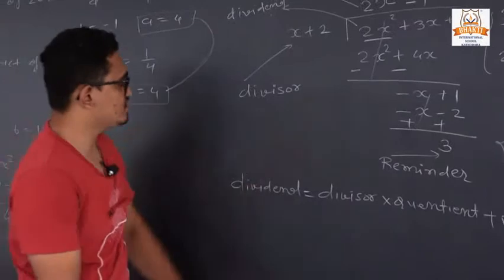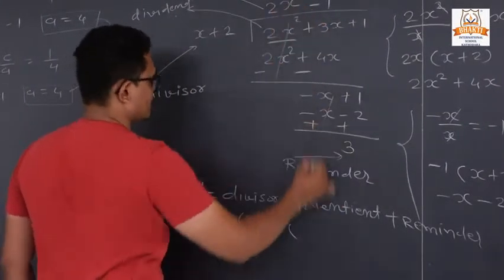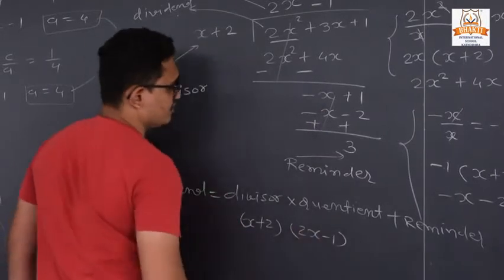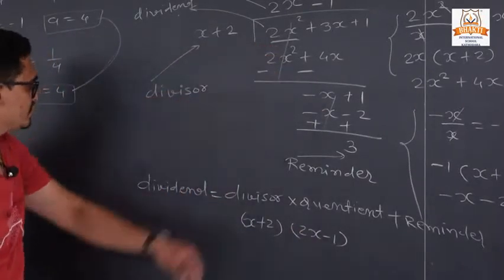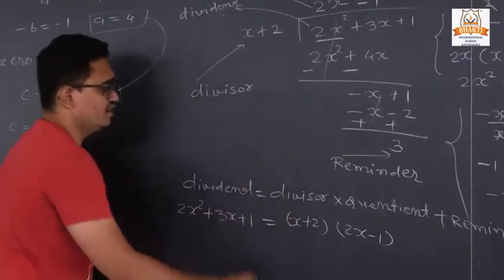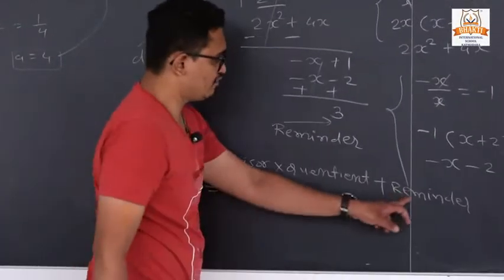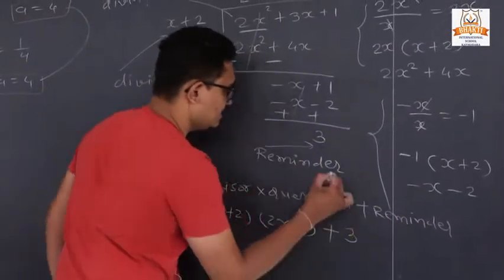So what is the value of the divisor? The divisor is x plus 2. And what is the quotient? It is 2x minus 1. And the dividend, 2x square plus 3x plus 1, is equal to... the plus sign will be the same. And what is our remainder? It is 3.